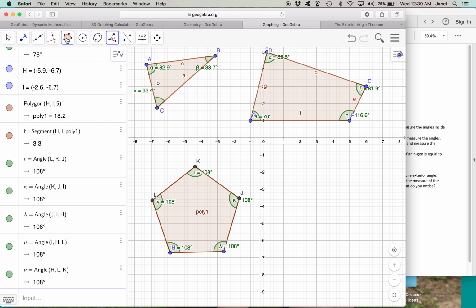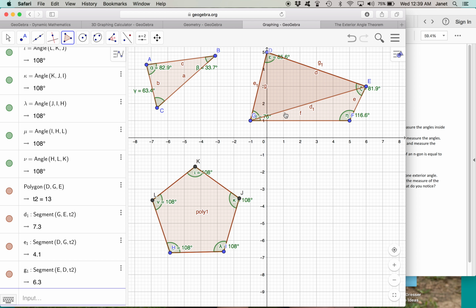So I'm going to go over here to polygon. I'm just going to re-click these 3 points here. And there is my new triangle.